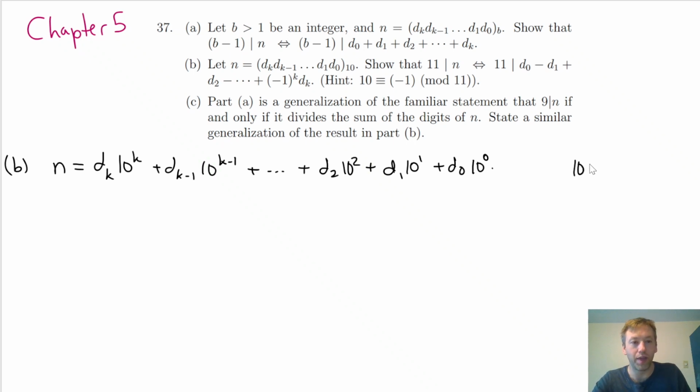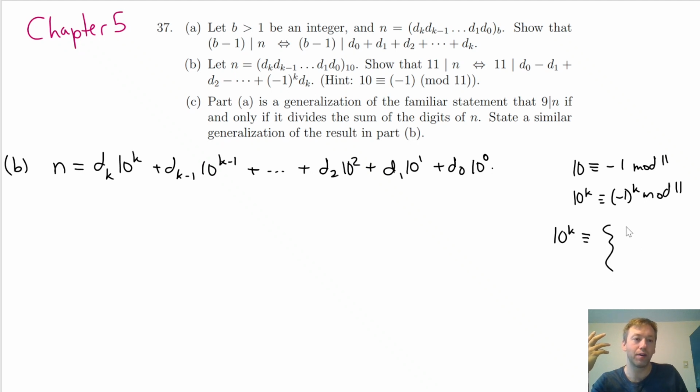And we're told that 10 is congruent to negative 1 mod 11, which is kind of clear, right? So therefore, 10 to the k is congruent to negative 1 to the k mod 11. So 10 to the k is congruent to 1 if k is even, negative 1 if k is odd.